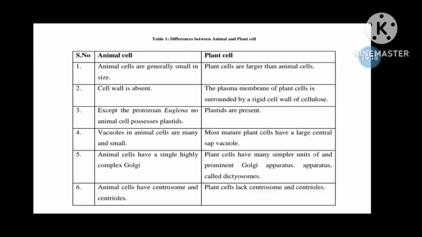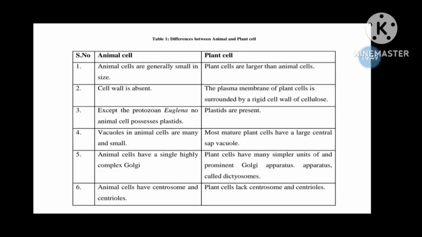Next, the cell wall is absent. In all animal cells, the cell wall is not present. Instead of a cell wall, the plasma membrane or cell membrane is present. But in the plant cell, the cell wall is present, and this cell wall is made up of cellulose, and this cell wall is freely permeable to all particles.